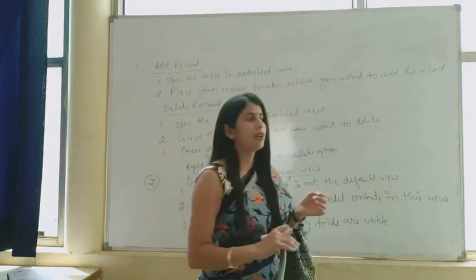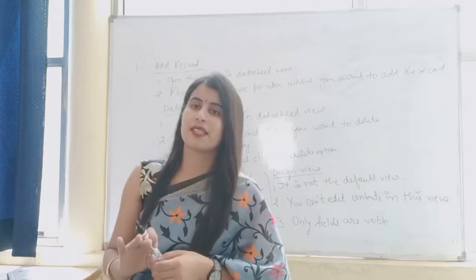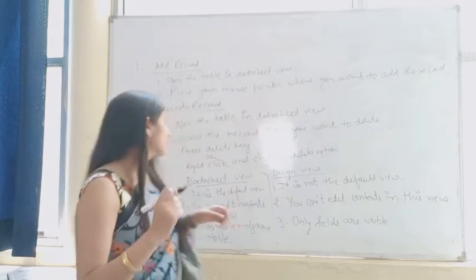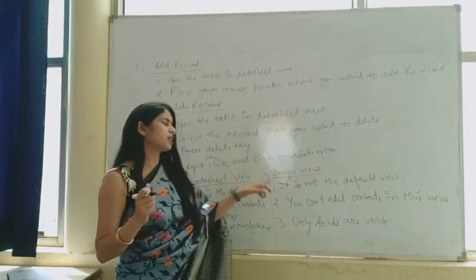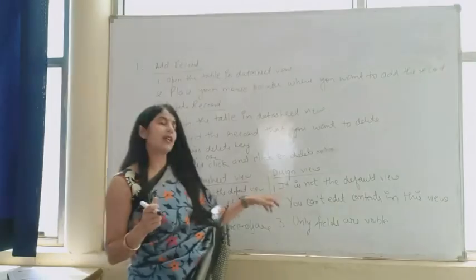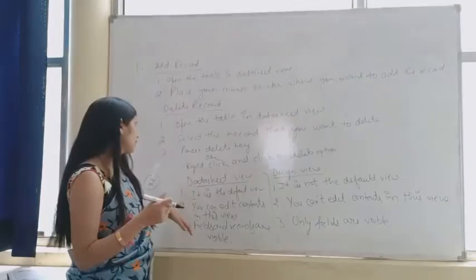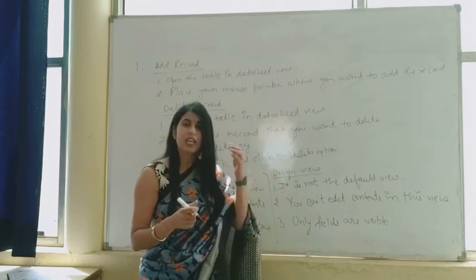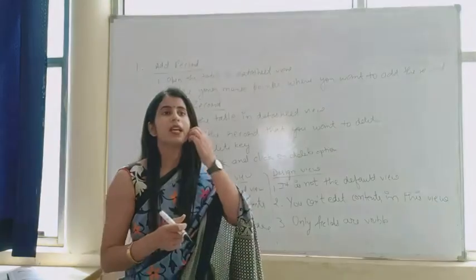So here I have written three differences between the datasheet view and the design view. First, it is the default view, it is not the default view. You can edit contents in this view, you can't edit contents in this view. And the next one is fields and records are visible, and in design view only fields are visible.